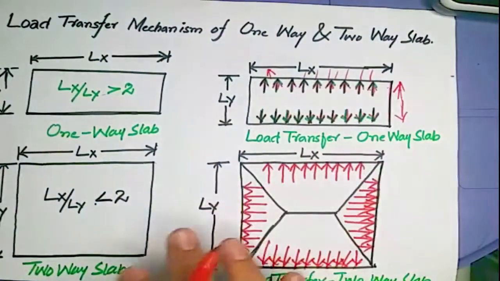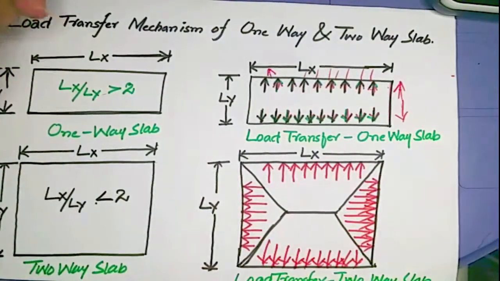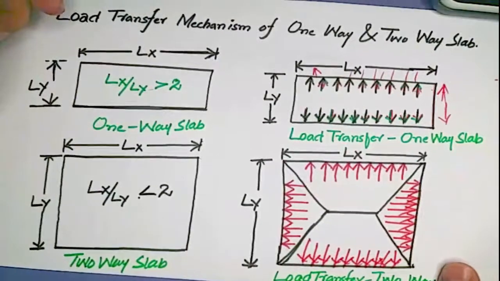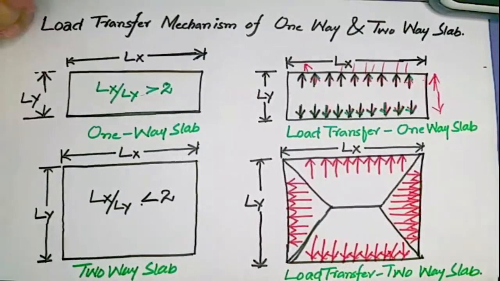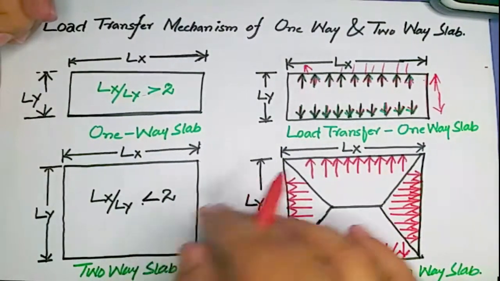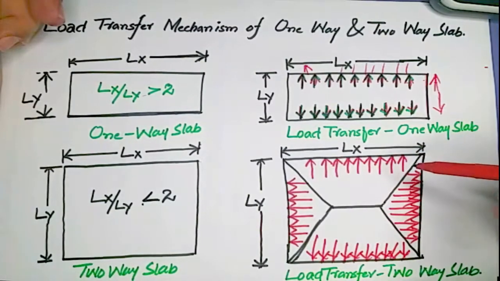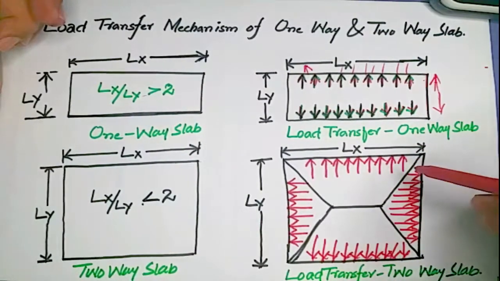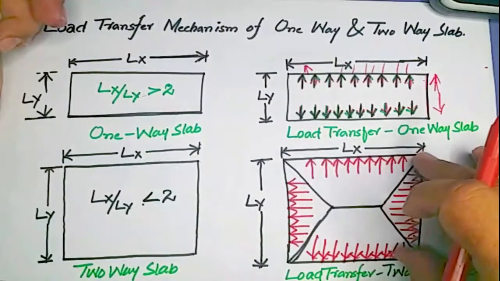In a two-way slab, the ratio between its longitudinal and its shorter span is less than 2. So the load transfer mechanism is that the load will be transferred in all four sides.